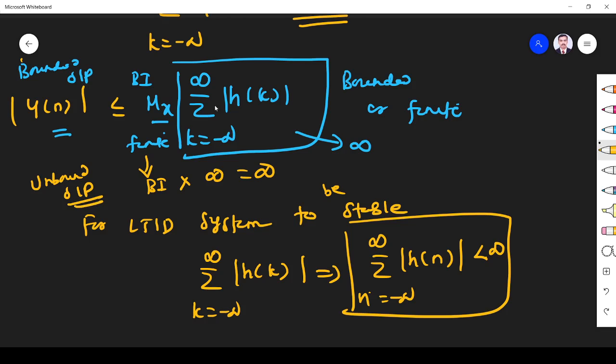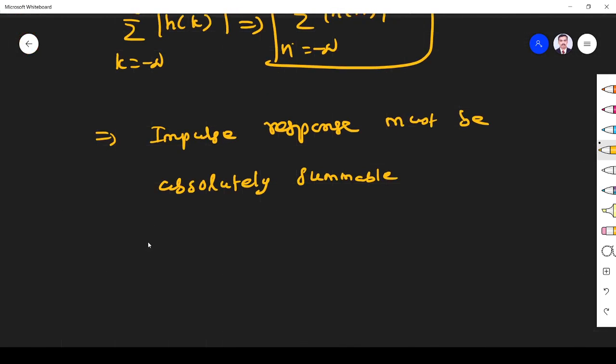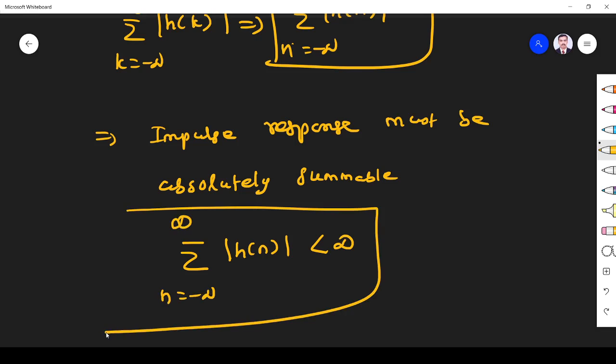So this summation should be absolutely summable. The condition for stability is that the impulse response must be absolutely summable. Absolutely summable means we must be able to sum it up.